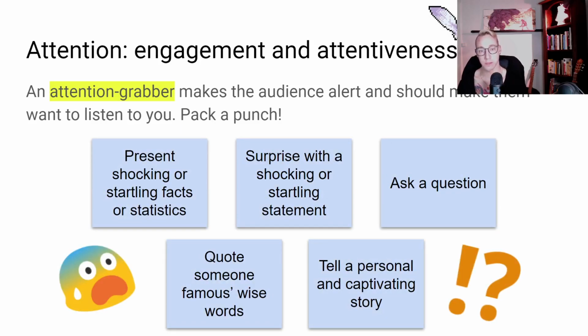You are going to pick one of these 5 as your attention grabber. You could present shocking facts, you could surprise them with a statement, you could ask them a question, you could quote someone, or you can tell them a story. All of these are great methods that will make your listeners attentive, and they will stay alert because you will do something rather different.